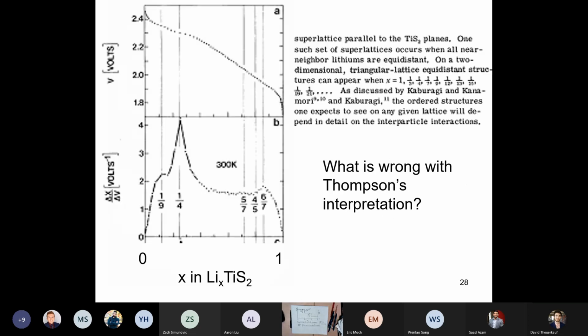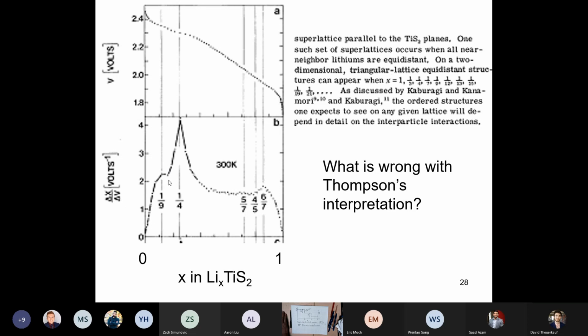Okay, so you should be thinking to yourself, okay, fine, Jeff. Lithium ordering doesn't cause this structure. Well, what the heck does? I'll explain that probably in about 3 lectures from now. We'll learn where this comes from.